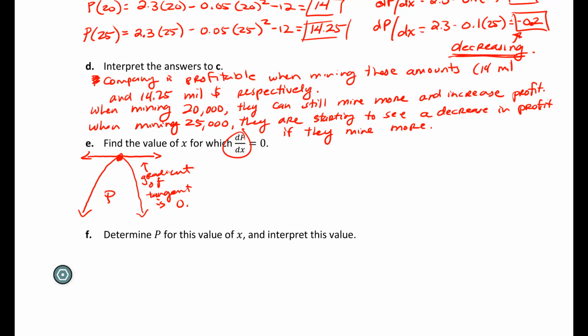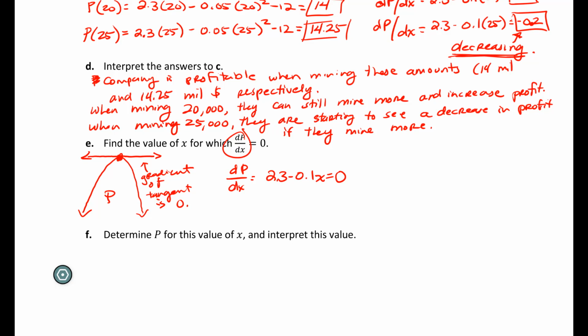So what we need to do is we need to take that gradient function dP dx, which we know was 2.3 minus 0.1 times x, and we need to set it equal to 0. So now all we need to do here is solve for x, because we want to find that amount of tons where we are going to see a maximum amount of profits when we change from increasing profits to decreasing in profits.